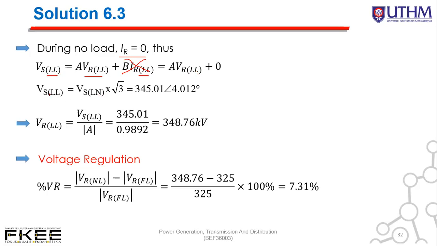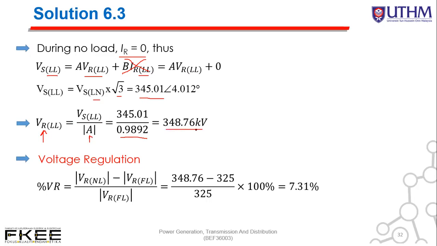Vs line to line equal to Vs line to neutral times square root of 3, so we got 345 kilovolt. Then VR line to line is Vs line to line divided by A, where A is 0.9892. So VR line to line is 348.76 kilovolt.